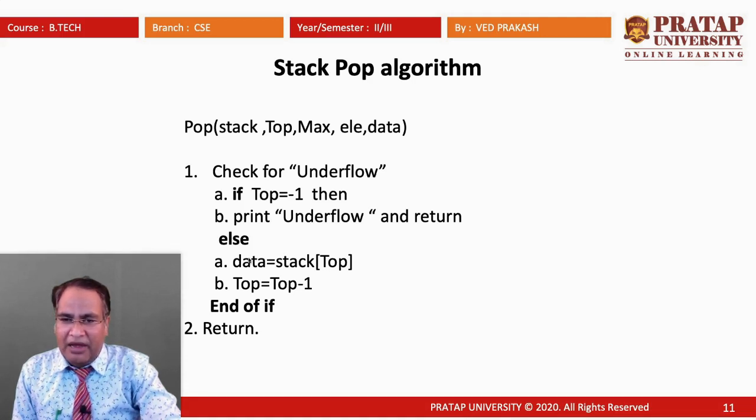When this value is removed, our top value will be decreased by 1. It means I have to decrease the index value of top, so top equals top minus 1. After performing this operation, I end the if statement, and after that I return.